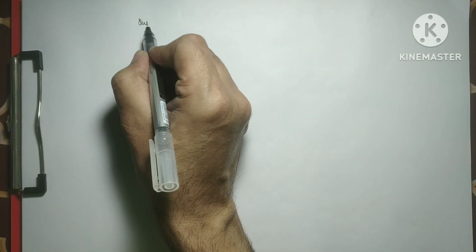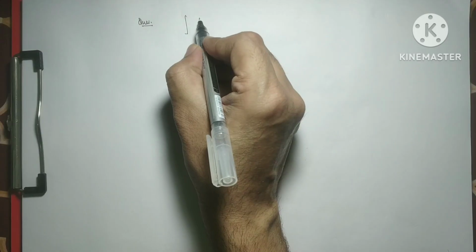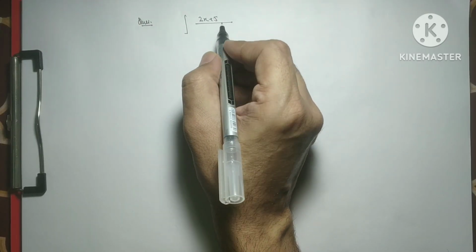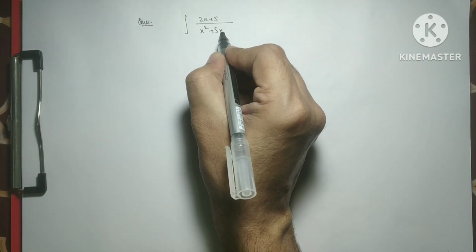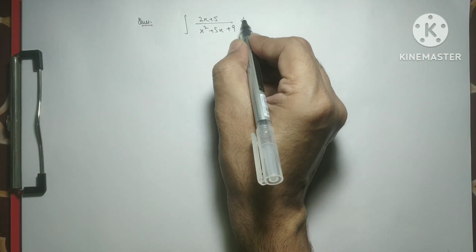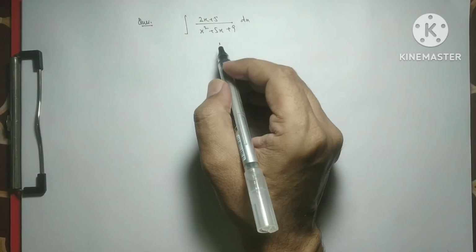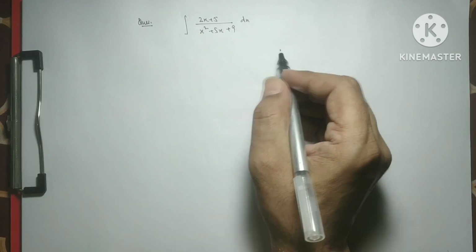Next question, integrate 2x plus 5 divided by the quadratic expression x square plus 5x plus 9 dx. Right now we can observe easily if we substitute this part.